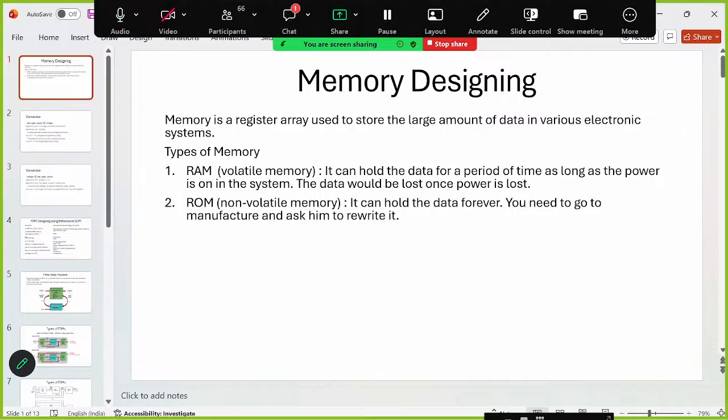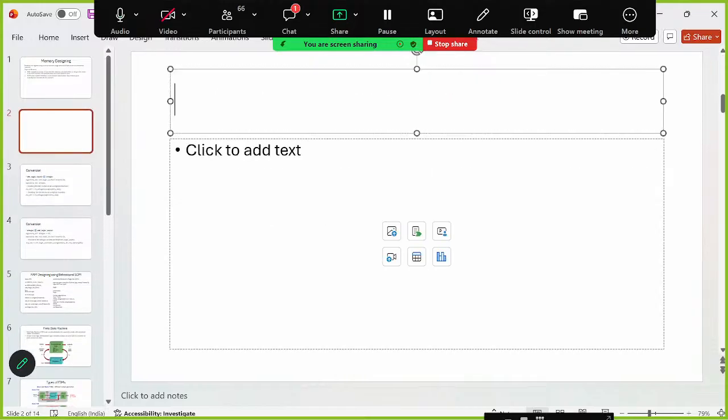So let's start understanding RAM first: how can we design the RAM? Then we'll talk about the ROM also. Random access memory, right?